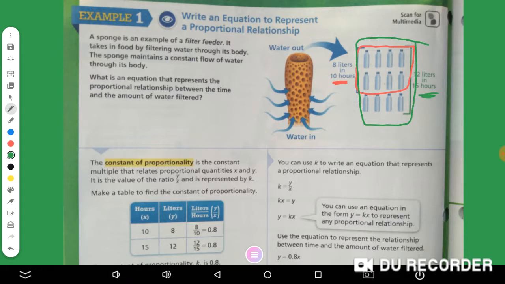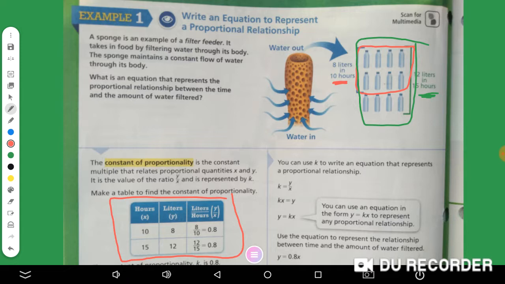I can represent this relation with the following table. So I can find that in each 10 hours, it feeds itself by 8 liters of water.